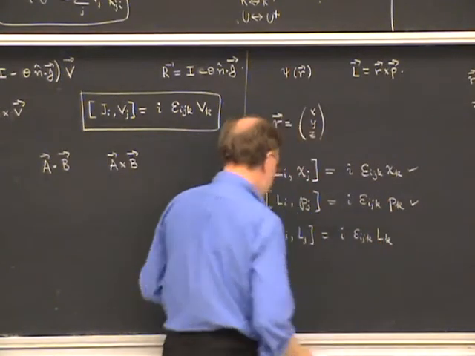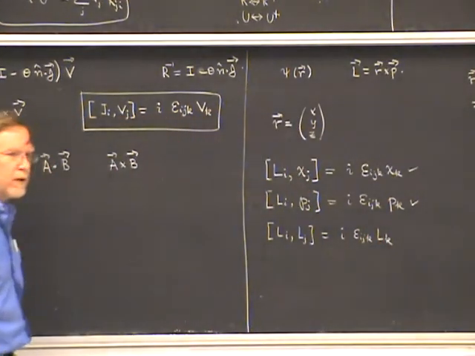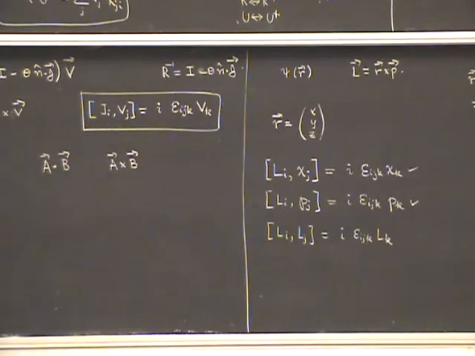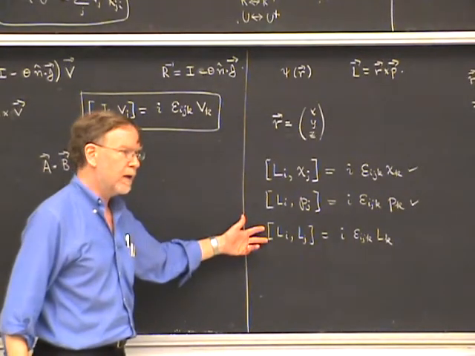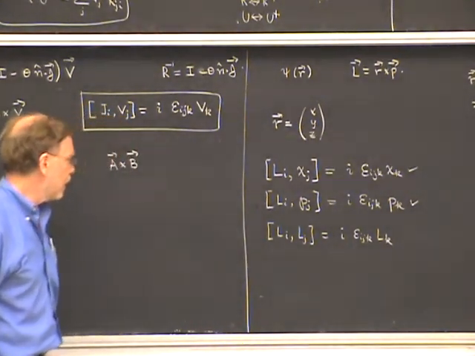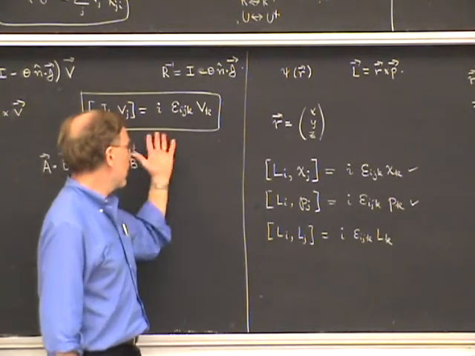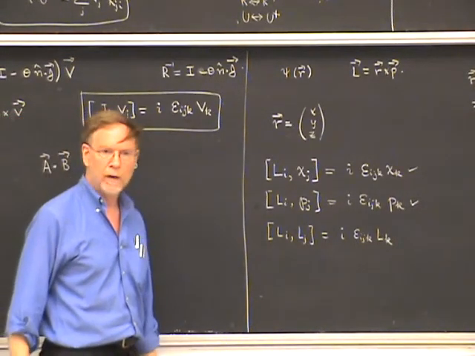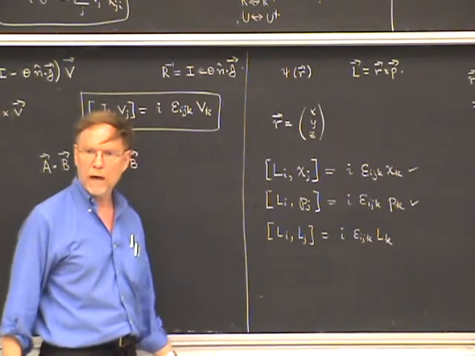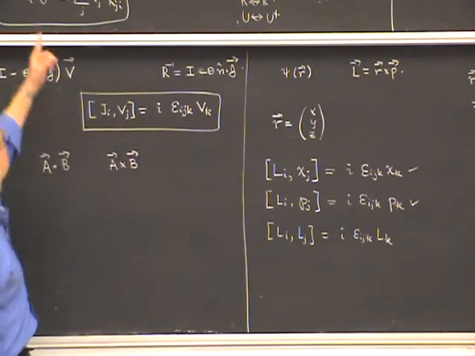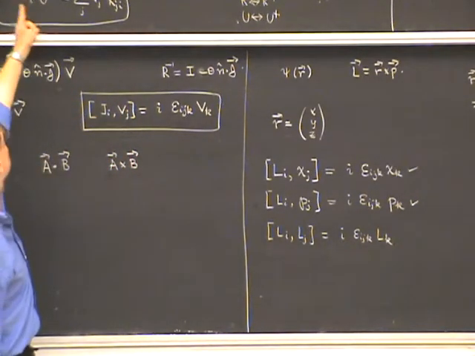And you recognize this as being just the standard commutation relations for angular momentum. In fact, this holds for any angular momentum on any system, not just orbital. And so you see, by this definition, the angular momentum operator is always a vector operator, or equivalently, by this one up here.